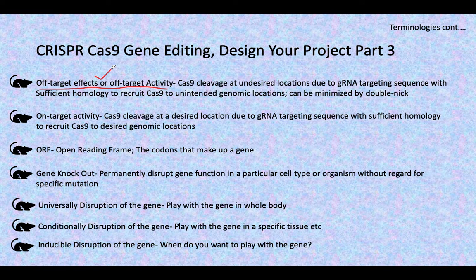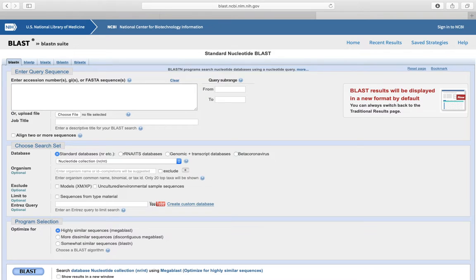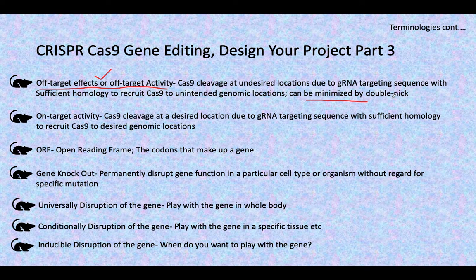To avoid off targets, in the very first part of the video series, I talked about how we will authenticate our sgRNA with the NCBI BLAST tool. We can also reduce the off targets by using double nicks, but this is a little complicated mechanism and its efficiency is quite low.